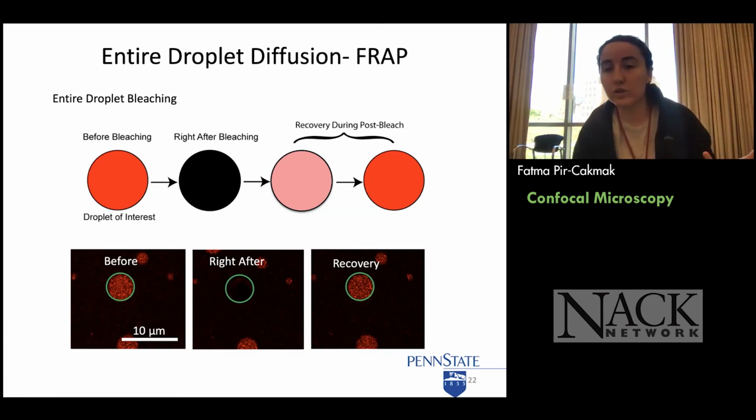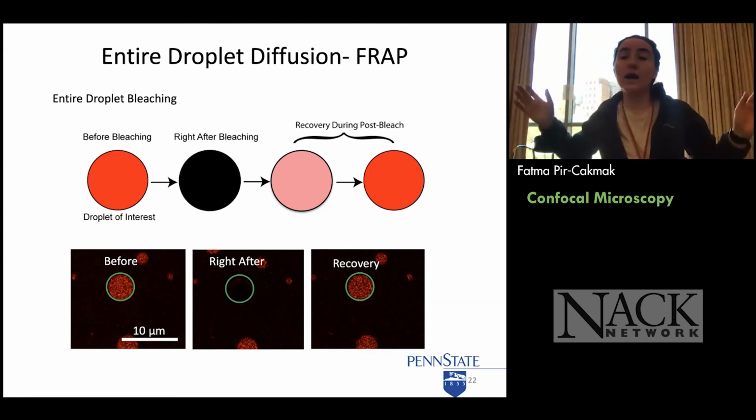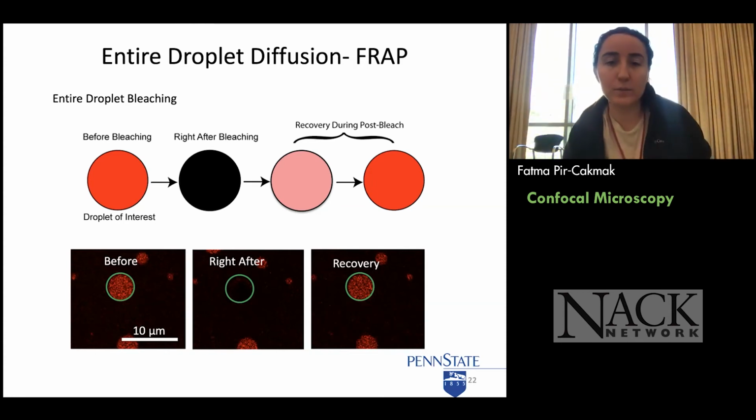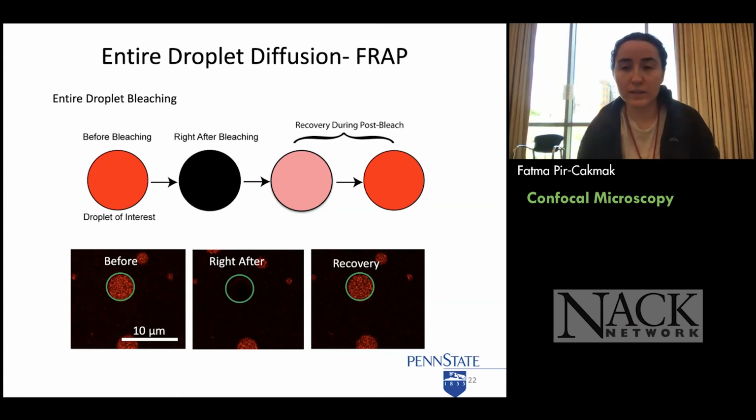For a given droplet type I choose a certain pinhole, and usually people use one Airy unit as the pinhole size, which is useful. It also determines the resolution, so you don't want to go too high; you want to keep a similar pinhole size across your experiments.